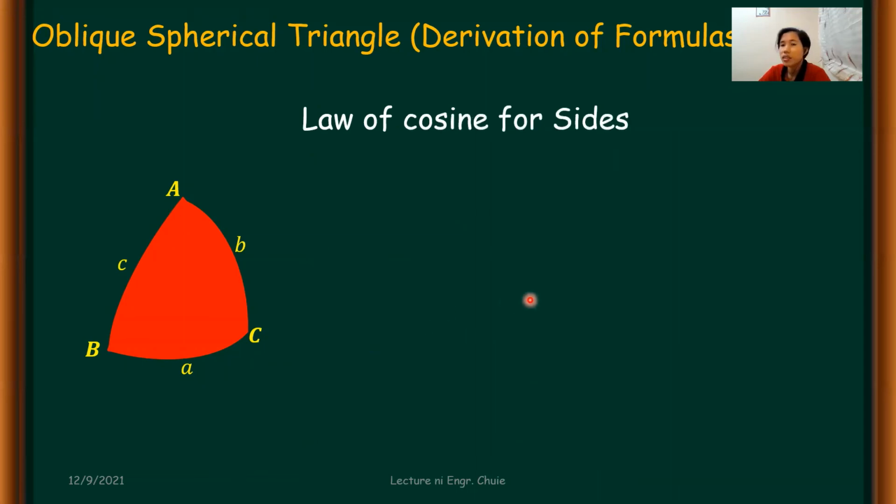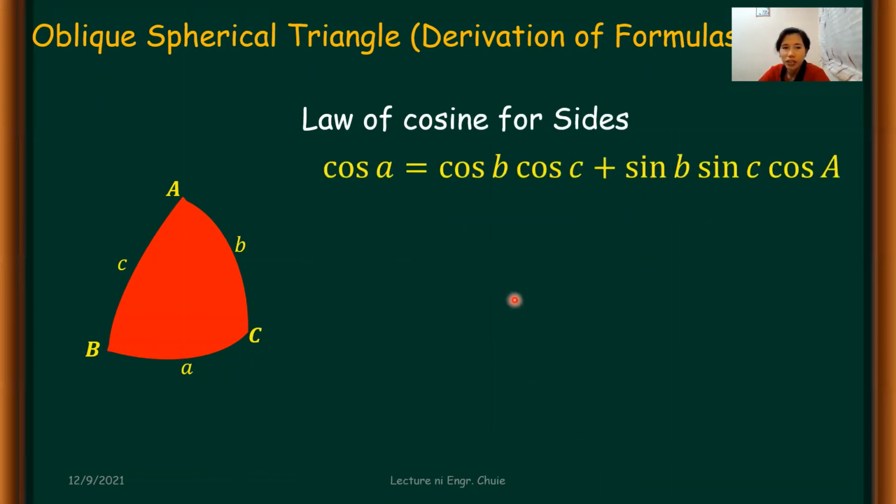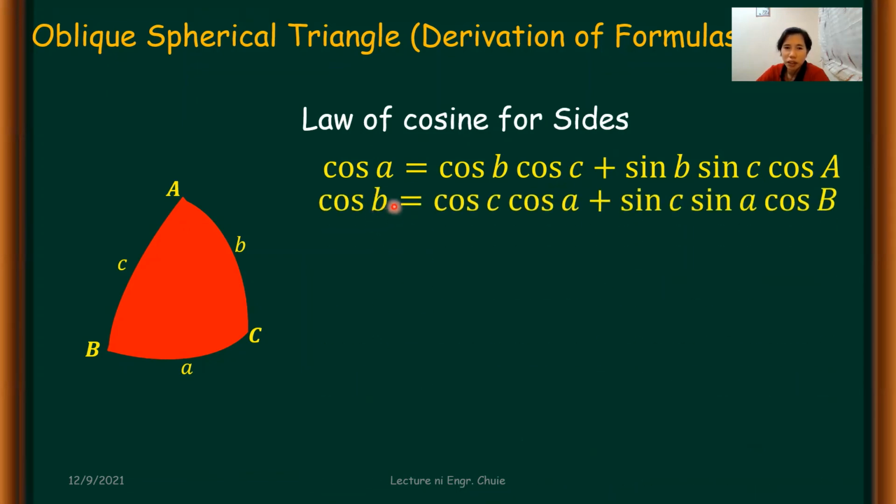For the law of cosine, we have the formula: cosine A equals cosine B cosine C plus sine B sine C cosine of A, where the angle A is opposite to the side here. Similarly, if we are going to find cosine B, just use cosine C cosine A plus sine C sine A cosine of B. Whatever is here, that is the opposite angle.